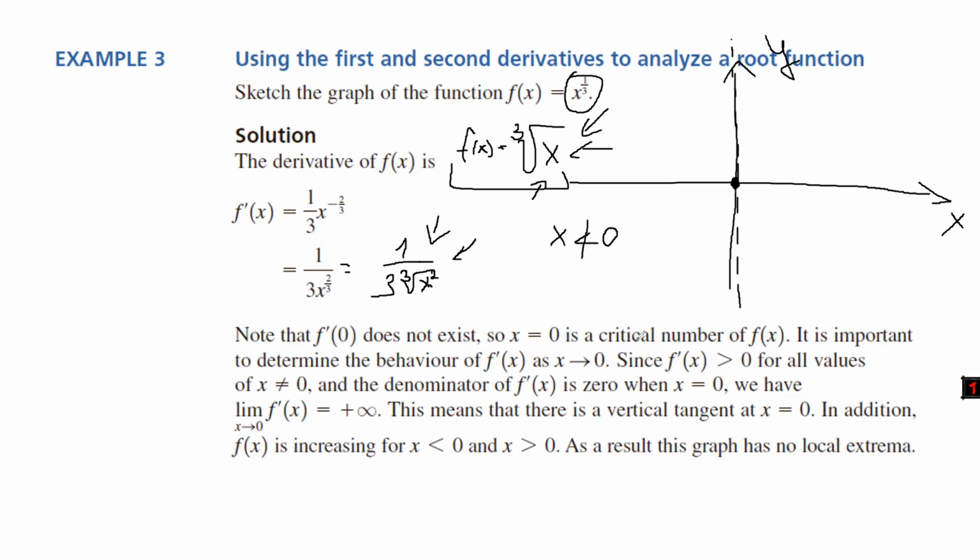So at x equals 0, we're going to have a vertical asymptote. It means the limit of the function as x approaches 0 is infinity. And in this particular case, this infinity would be positive. Am I right, guys? Yeah.